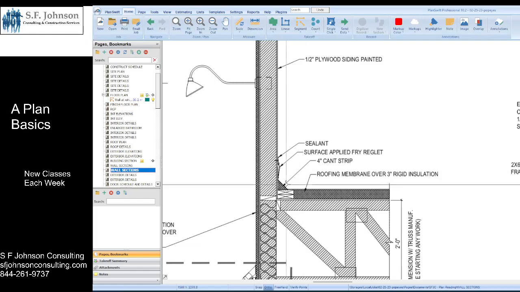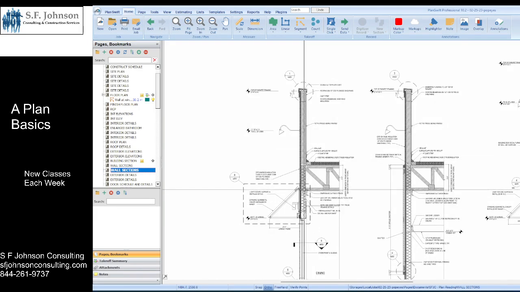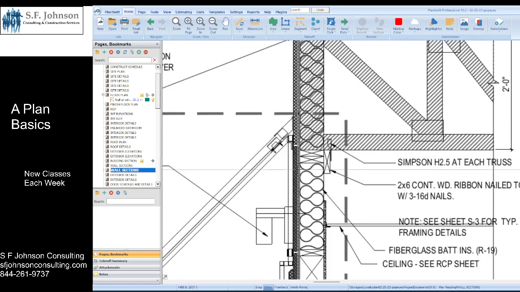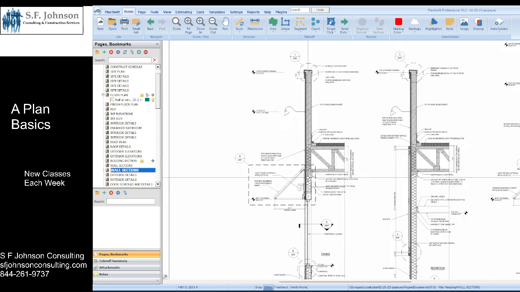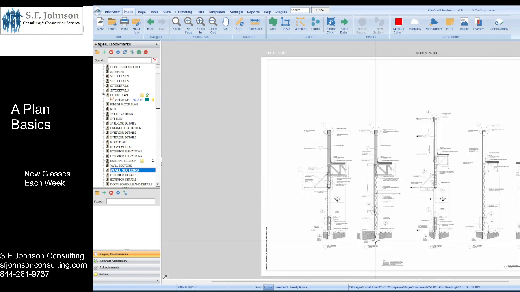It gives us all of the details about the roof, not only the roof, but the framer gets information from the section view, the insulation professional gets information from the section view. Okay, so the section view is vital. That's the second of the views. First view, plan view, second view, section view.